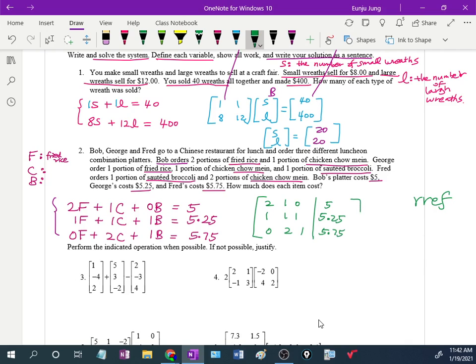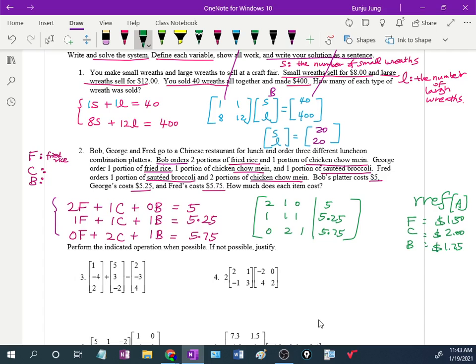I wrote the augmented matrix like this on paper, but I typed the whole thing into the calculator: 3 rows, 4 columns, then use the name of the matrix A, and you can get the answers right away. Using your calculator, you will figure out the 3 prices respectively.